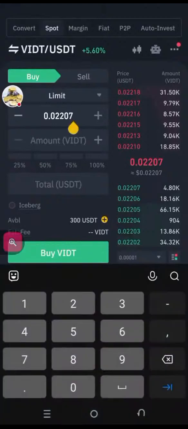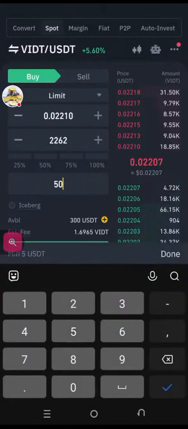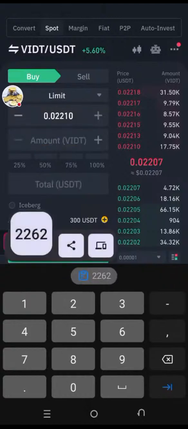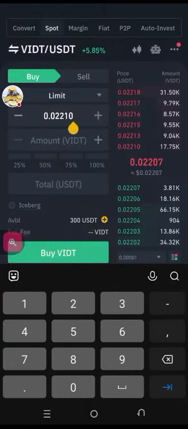Okay, let's just try the simulation to see whether we'll make money. 2210. Okay, $50. 2262. So if I make this 2, 3, somewhere in between, right? Okay, somewhere in between 2 to 3.